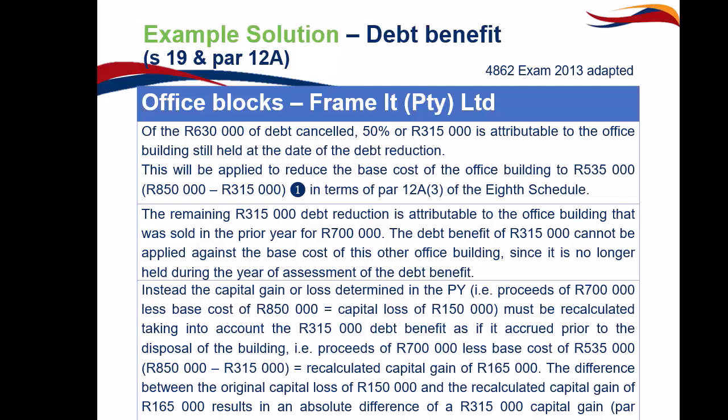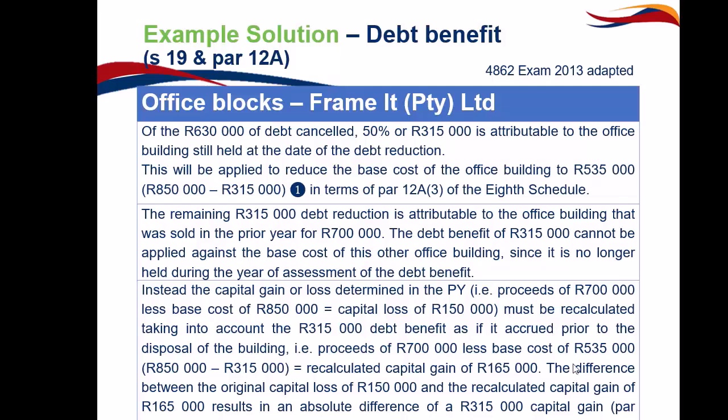So what are we going to do? We're going to say proceeds. We are told that the proceeds were 700,000. So we're going to now calculate the base cost. We know that the asset cost was 850,000. So we're going to reduce that cost with the debt benefit of 315,000.